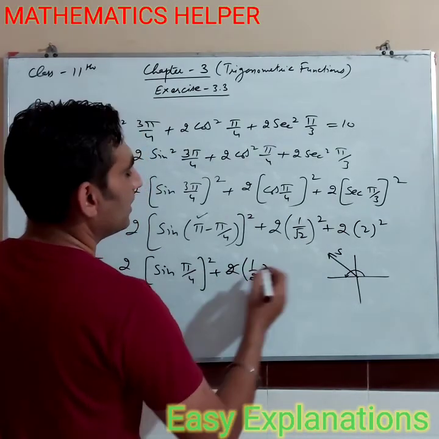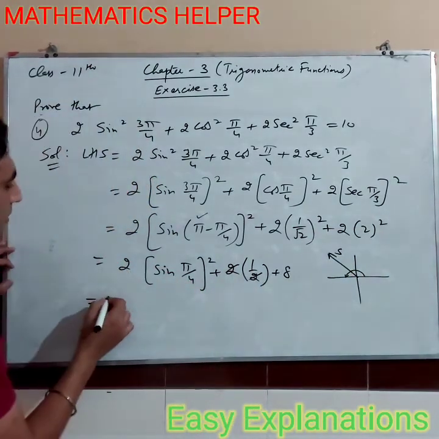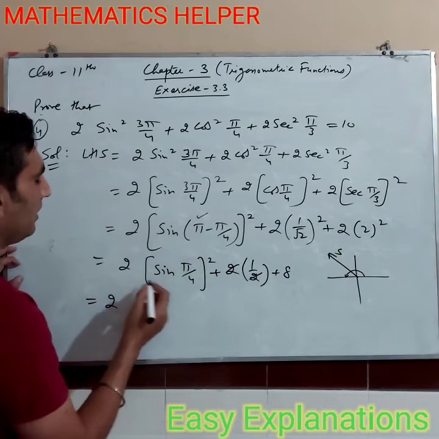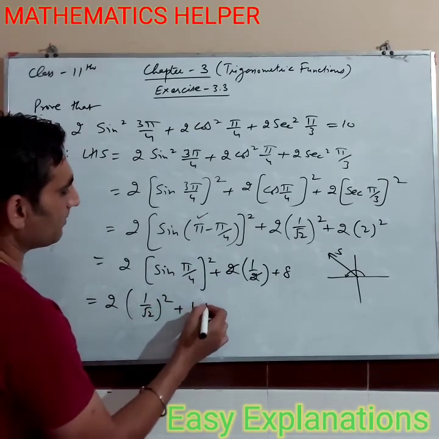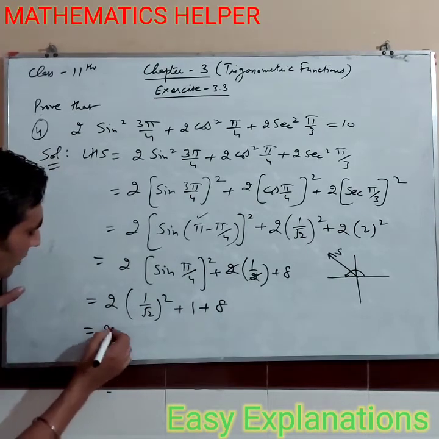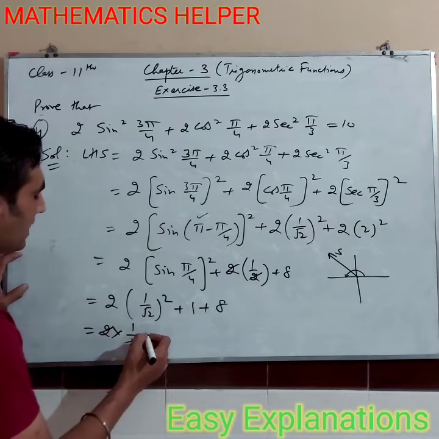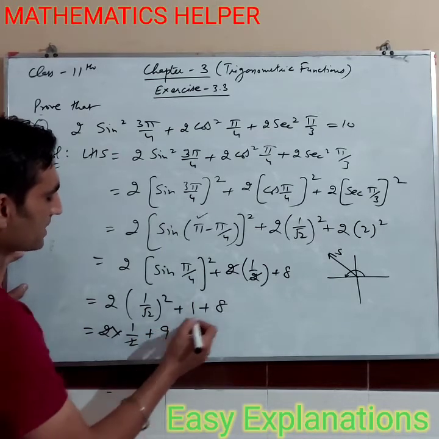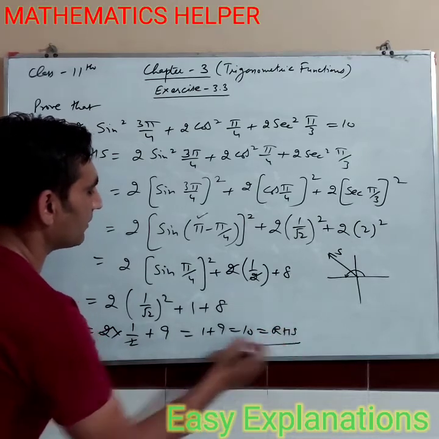So 2 cancelled plus 2 square 4 into 2 8. Here you have 2, and sine 45 degree is 1 over square root 2 raised to power 2 plus 1 plus 8. Here you have 2 into 1 over square root 2 square will give 2 only, which can be cancelled, plus 8 plus 1 9 or 1 plus 9, which is 10, same as right side of equality.